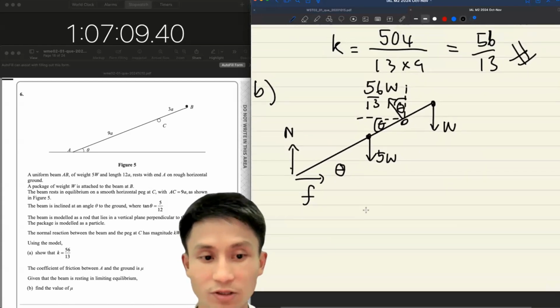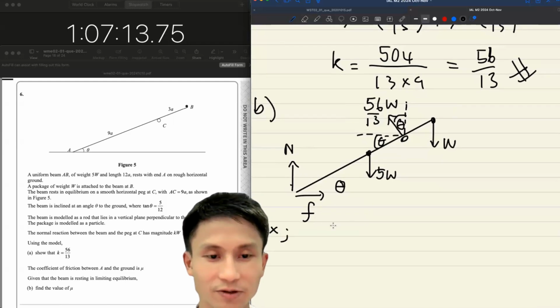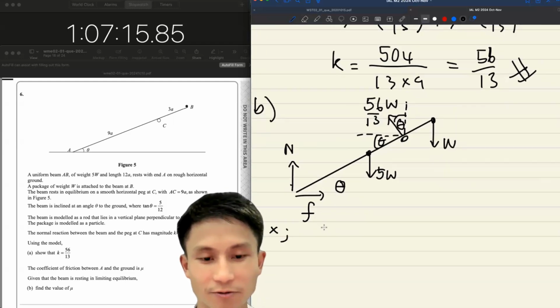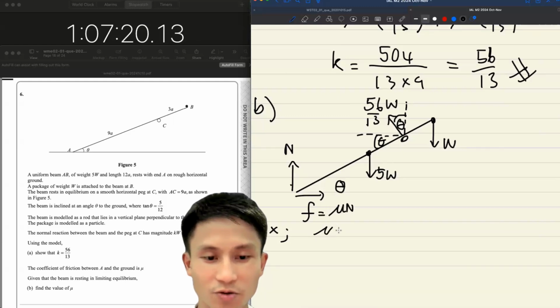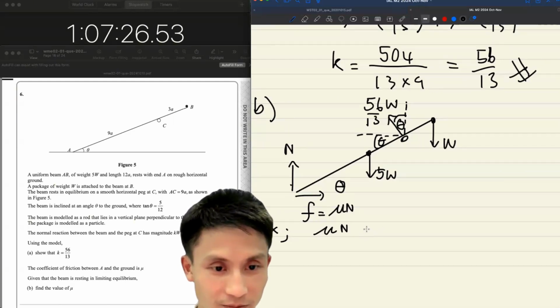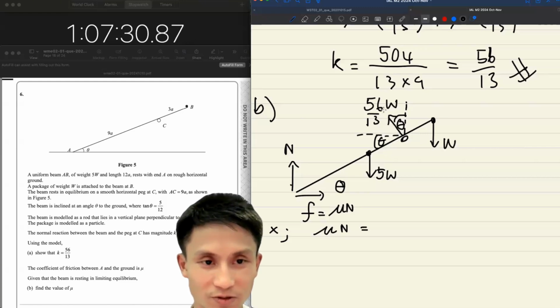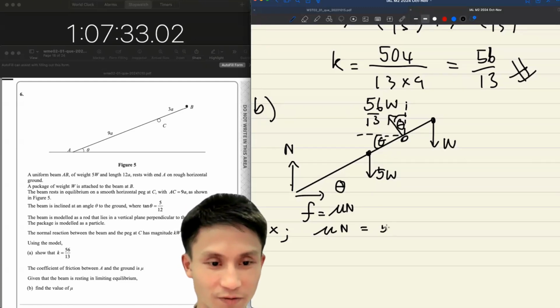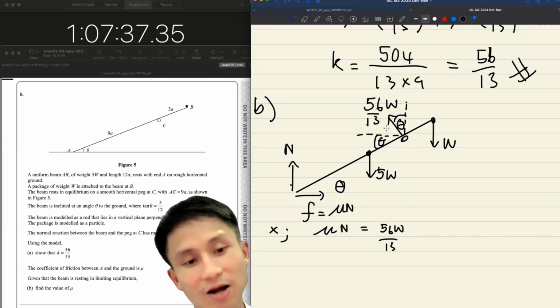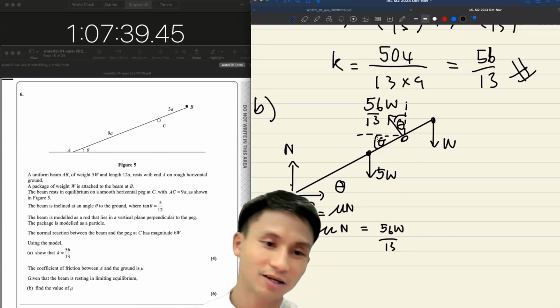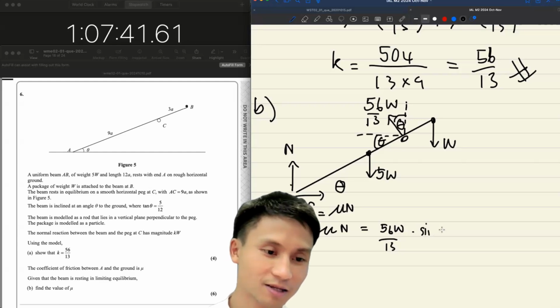So doing the forces in two axes, x first. Friction is mu N, so we want to find the mu N, equals, well, the leftward force seems to be only one here, 56W/13. This is the far away side. Again, the trick is the sine theta.